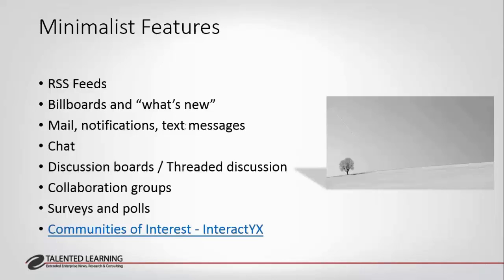But it's typically one-way push communication, though the discussion boards and threaded discussions do provide some two-way, but it is more self-paced or asynchronous versus synchronous communication. A lot of people call them collaboration groups. You typically hear them being structured around things like classes or courses or topics or expertise, and they're used in that manner.